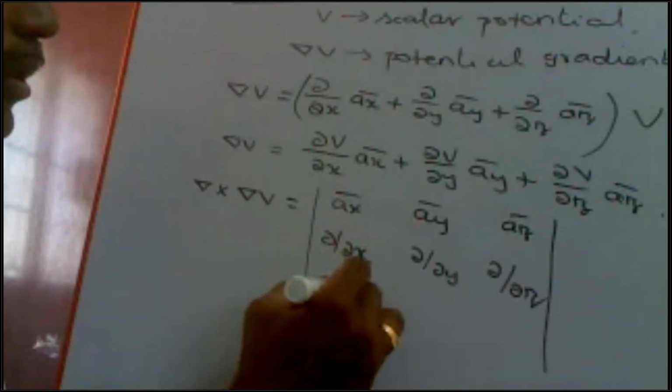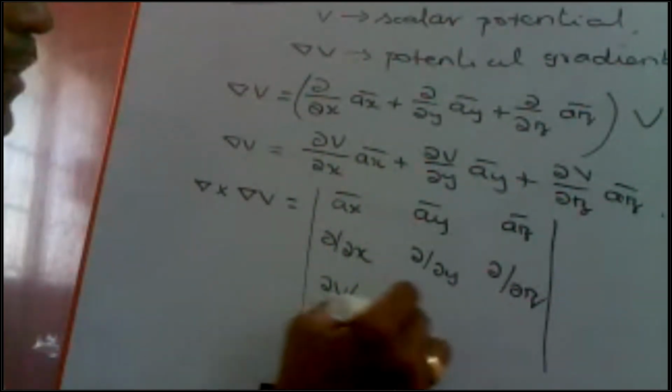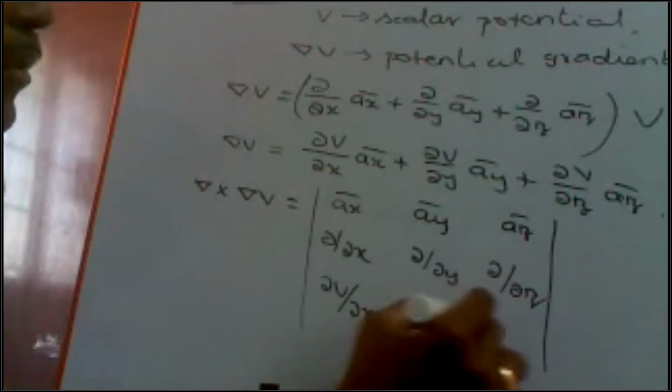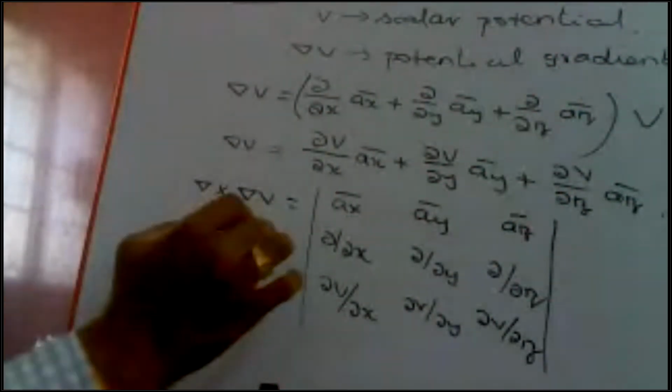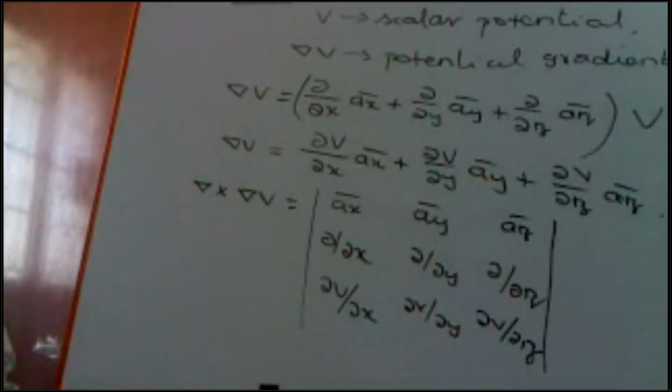Third row is for del V, so dou V by dou x, dou V by dou y, dou V by dou z. Now we have to find the determinant of this particular matrix.